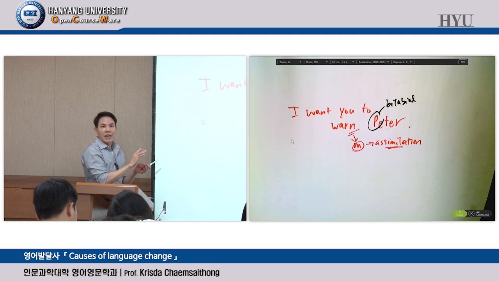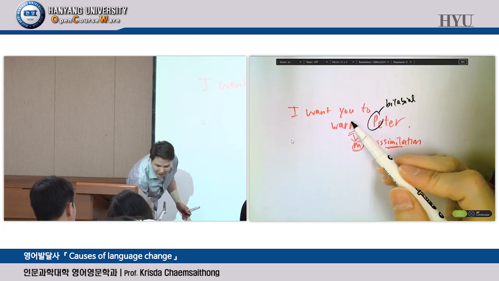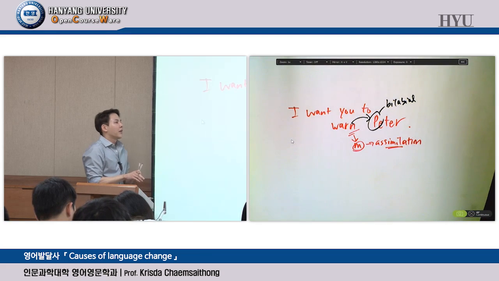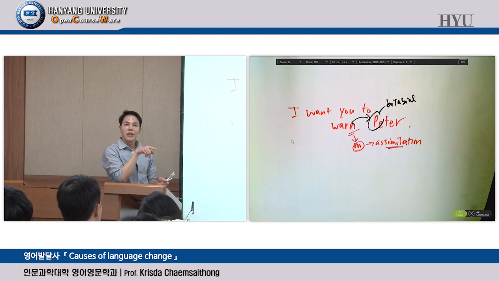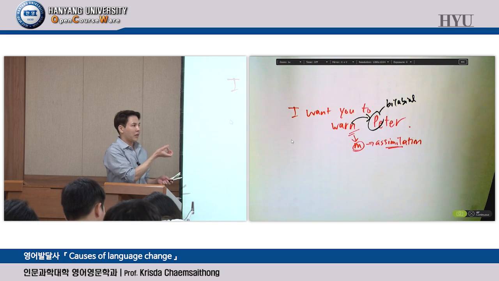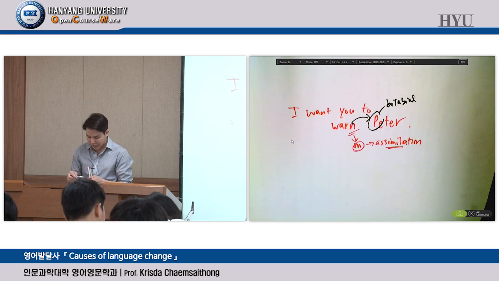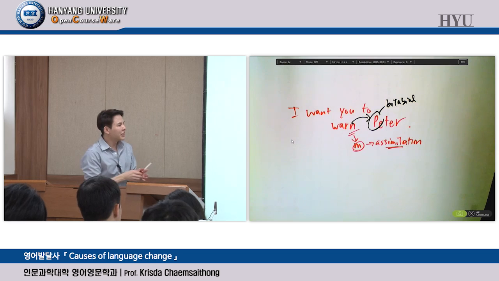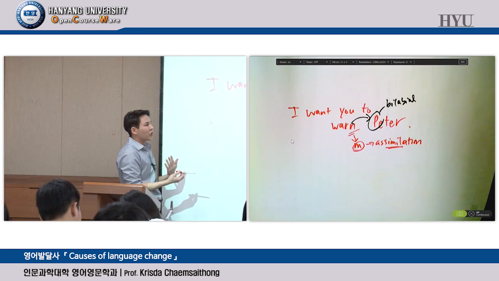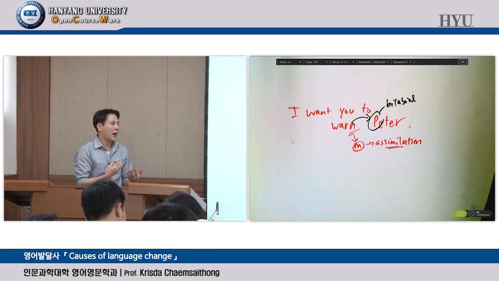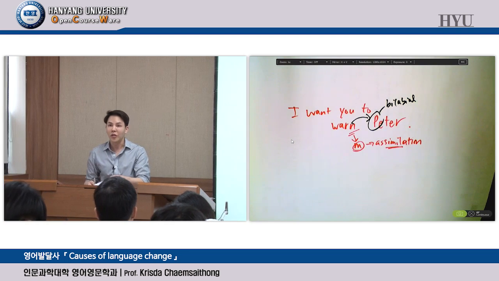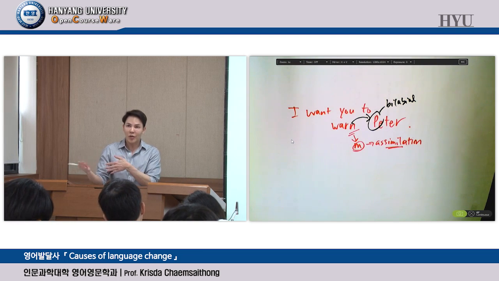So N cannot stay. N assimilates to P, in the same category, which is a nasal sound. So you have an M instead. So this is like a physiological or anatomical reason for why things move that way, right?